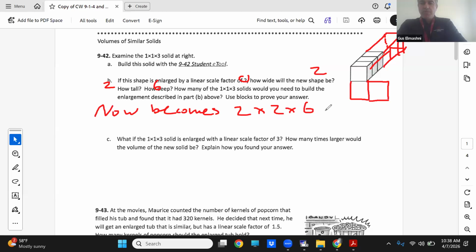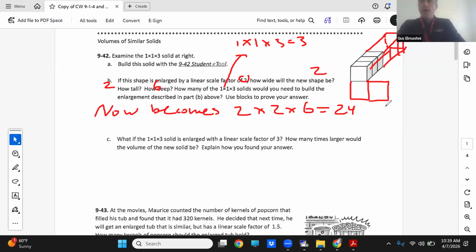So in this case, how many of the 1 by 1 by 3 solids would you need to build it? Well, 2 by 2 by 6 is 24, and 1 times 1 times 3, of course, is 3.